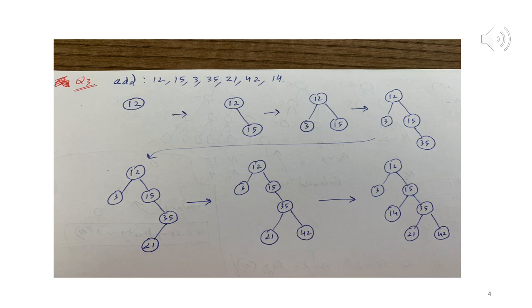If you add nodes in the order of 1, 2, 3, a tree is created. If you add them in order of 2, 1, 3, a different tree will be created. So here the sequence is 12, 15, 3, 35, 21, 42, and then 14.